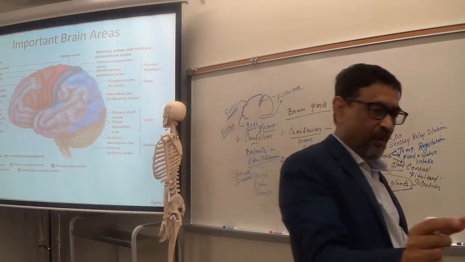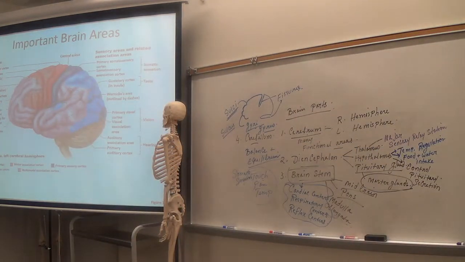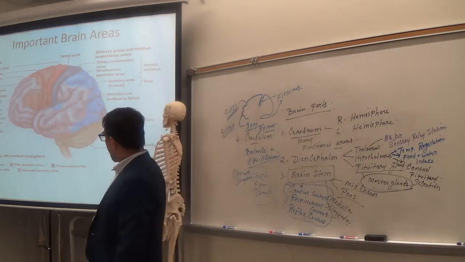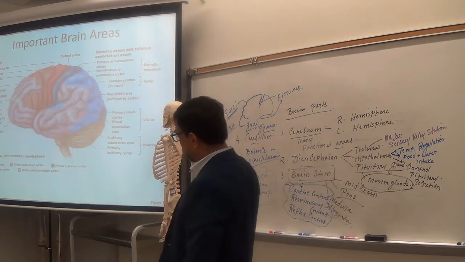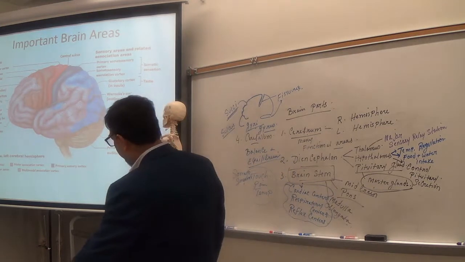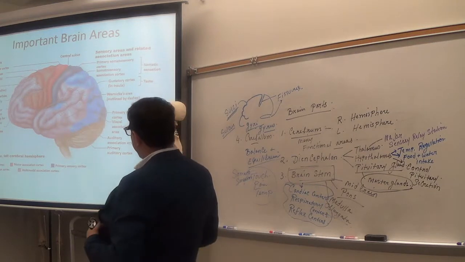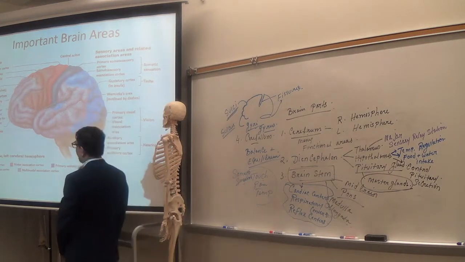So controlling the vocal cord is a motor function. That's why Broca's area is a motor area, not sensory. Wernicke's is more related to sensory functions, understanding. Okay, so those are some important areas, but there are many.